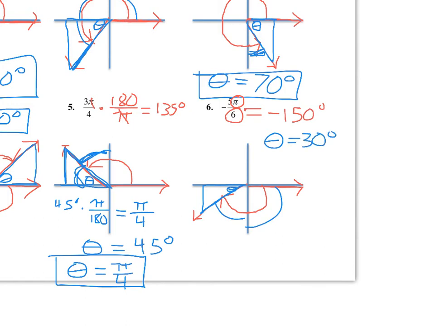Converting it to radians. So remember, pi is 180. How do you turn 180 into 30? Well, you divide by 6. So because this is 180 divided by 6 in radians, that's pi over 6.